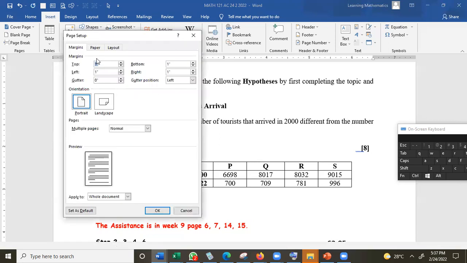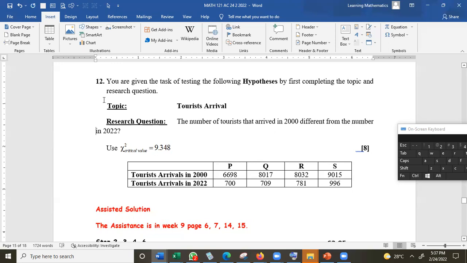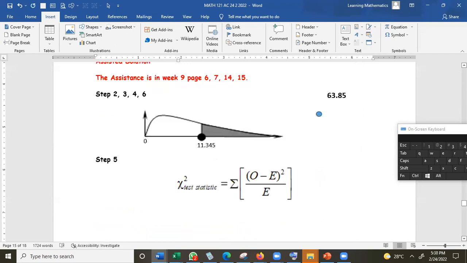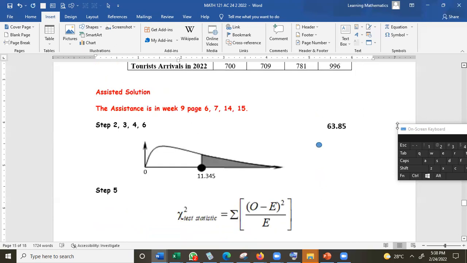We can use a chi-square test for variation to do that. First, we have to state a pair of hypotheses. Step number 1.